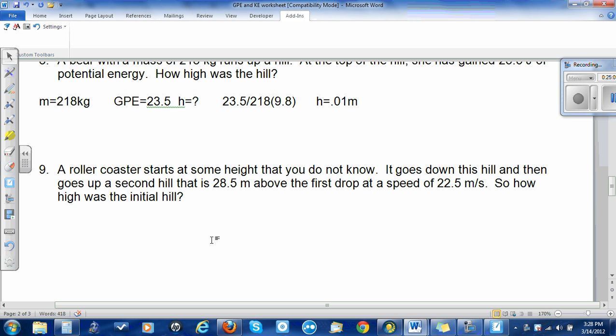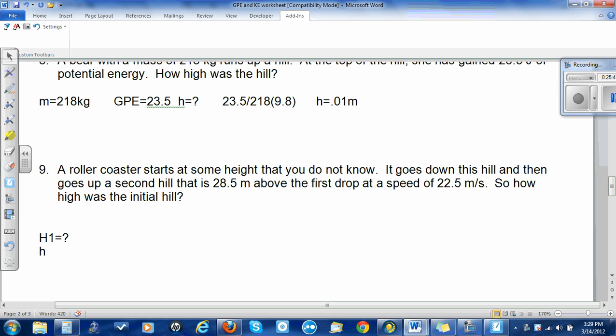Okay, number 9, a roller coaster starts at some height that you don't know. So H equals, we don't know. It goes down this hill and goes up a second hill that is 28.5 meters above the first drop.